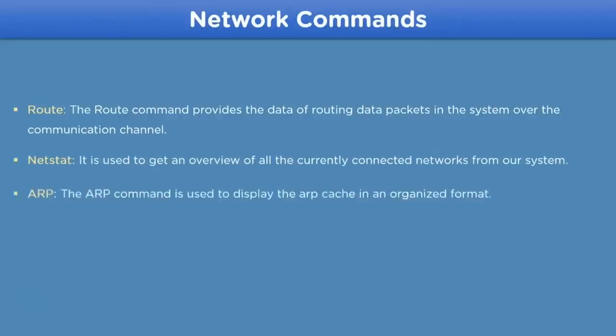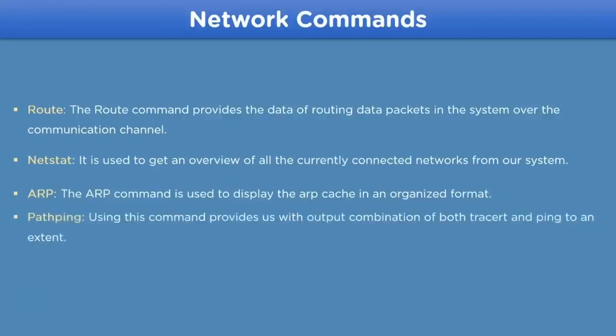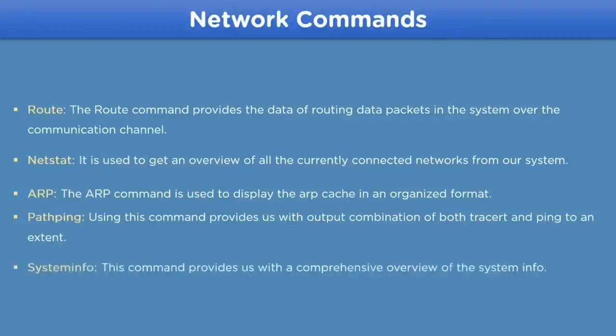The ARP command is used to display the ARP cache in an organized format. Then we have pathping. Using this command provides us with the output combination of both tracert and ping to a certain extent. And in the end, we have systeminfo. This command provides us with a comprehensive overview of the device settings in a system.